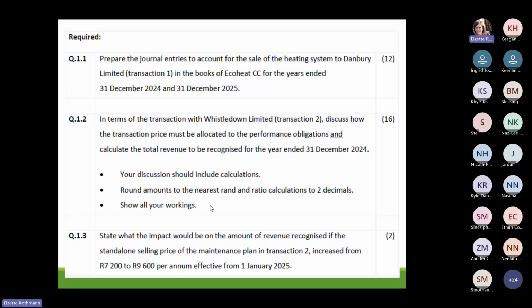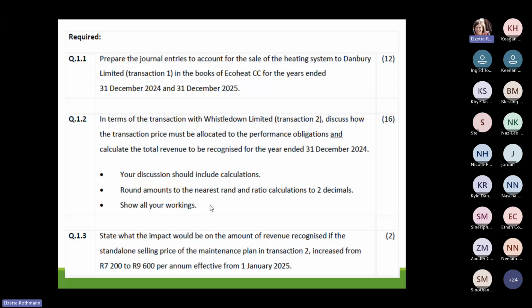Okay, what I've also realized is that some of you don't properly read the question. You just see something and then you run away with that. Okay, because if I just tell you what is the impact on the revenue recognized if the maintenance plan is increasing from 7,200 to 9,600, stop.